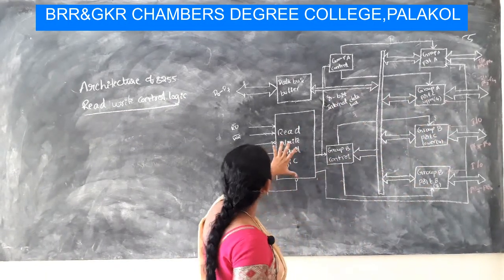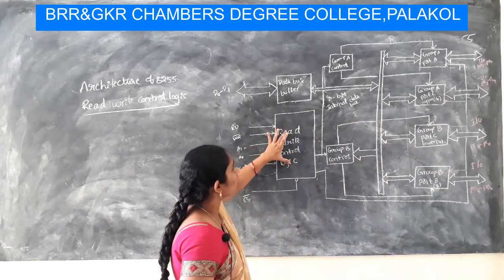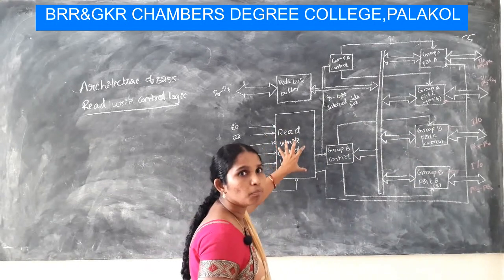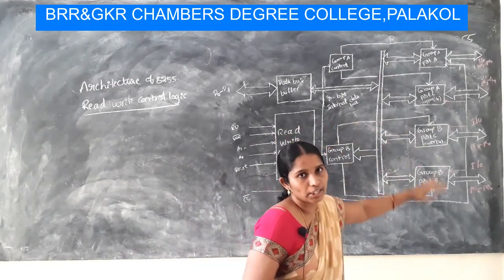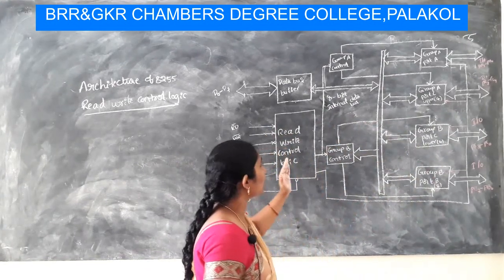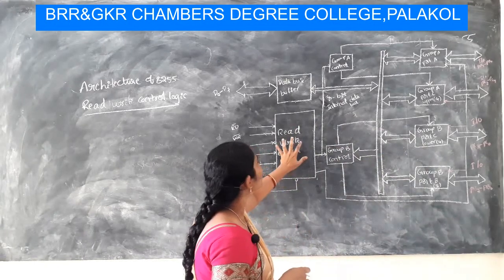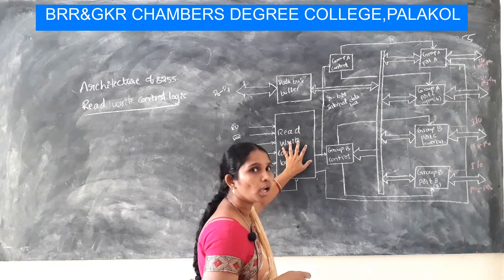Therefore the read write control logic is a very important block for this architecture, because the internal and external activity is under the control of this read write control logic.